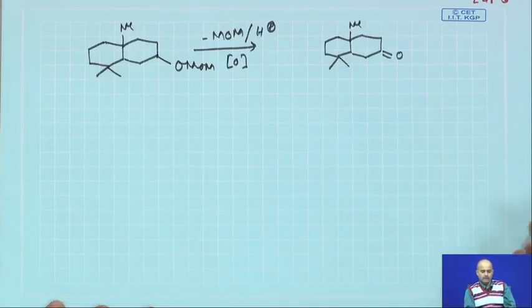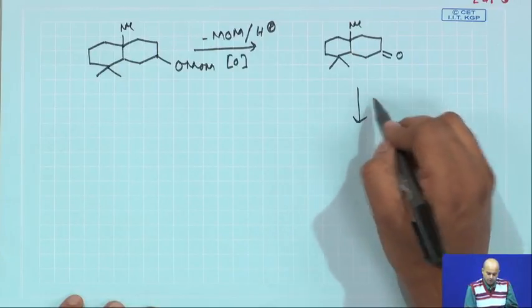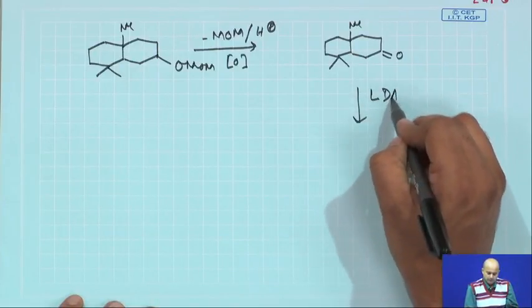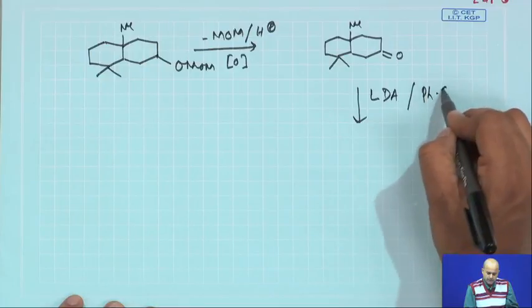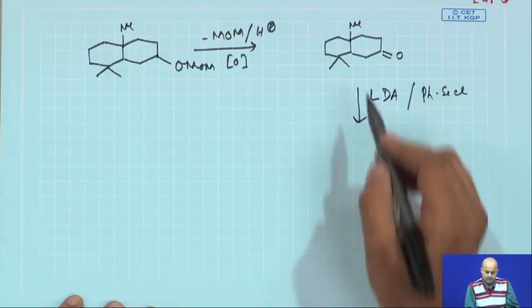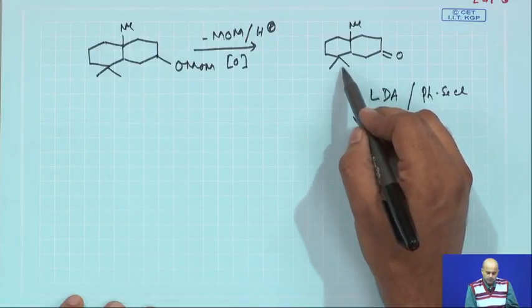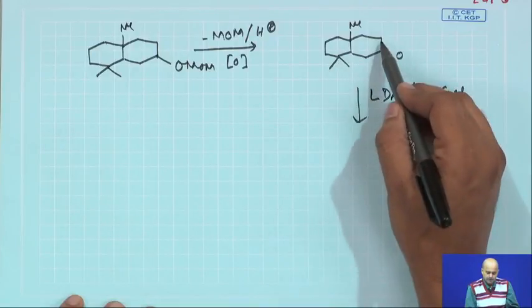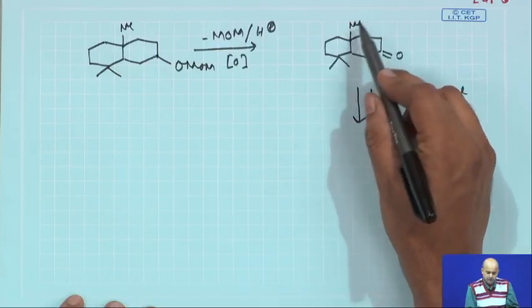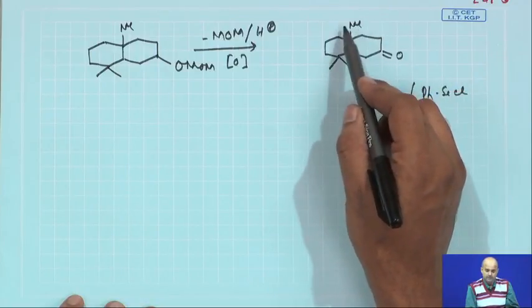Double bond. Okay. Now, if you see, we will be doing a similar kind of reaction, LDA, PhSeCl. These hydrogens are definitely there, but in close proximity you have this gem dimethyl group. Here you do not have any such steric crowding, the one methyl group is there a little bit away.